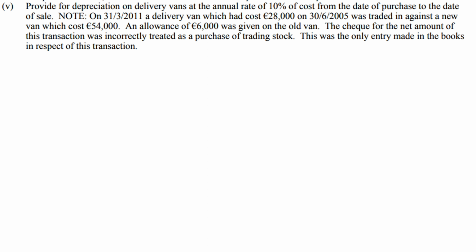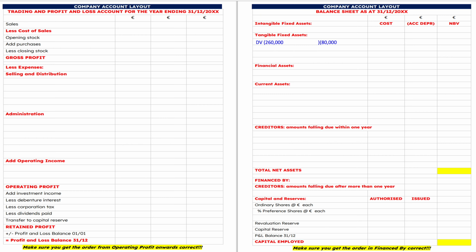Note, on the 31st of the 3rd, 2011, a delivery van which had cost €28,000 on the 30th of the 6th, 2015 was traded in against a new van which cost €54,000. An allowance of €6,000 was given on the old van. The cheque for the net amount of this transaction was incorrectly treated as a purchase of trading stock. This was the only entry made in the books in respect of this transaction.